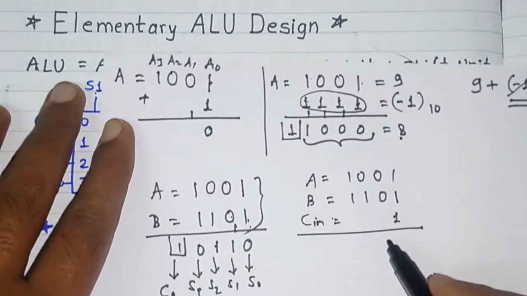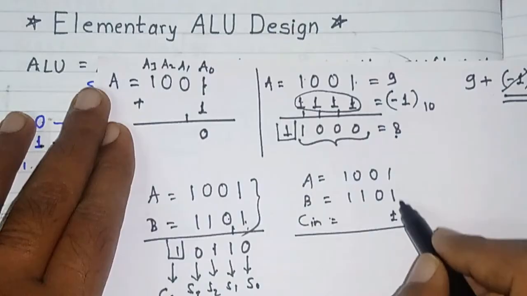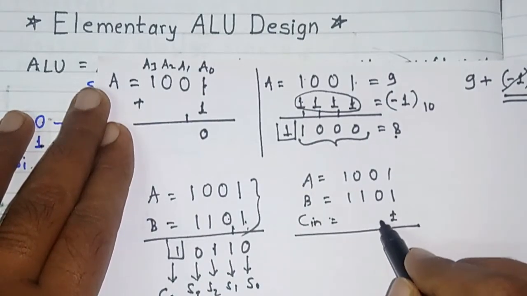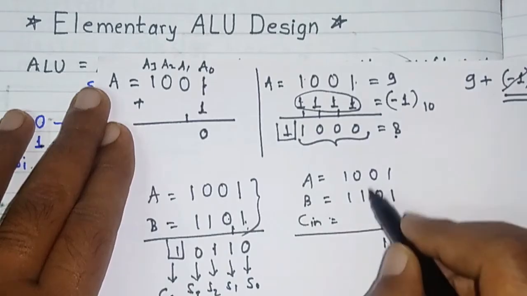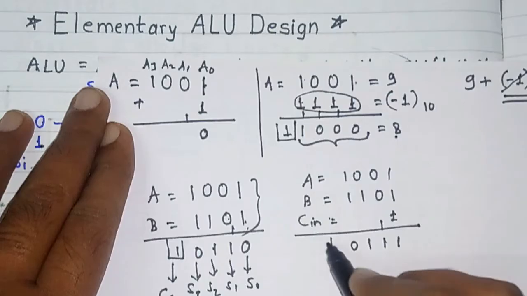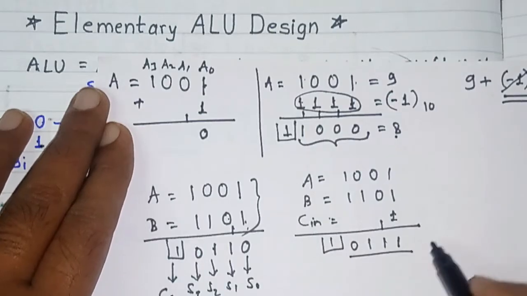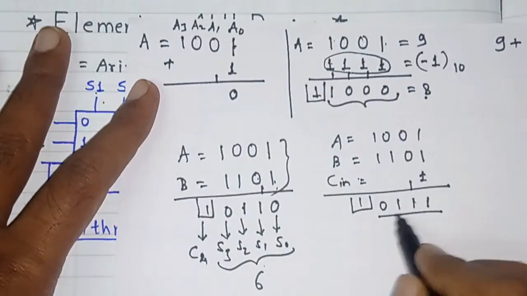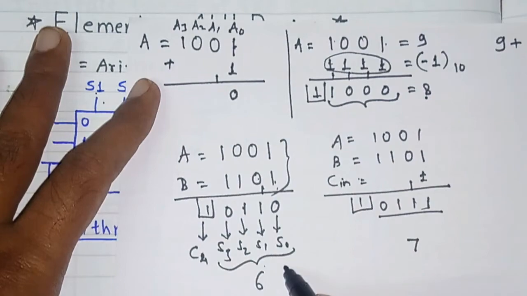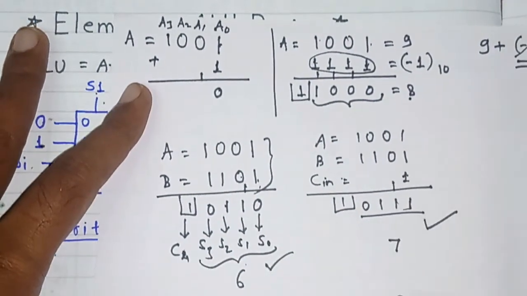Now you can see 1 plus 1 plus 1 is 3, and 3 in binary is 1 carry 1. Then 1 plus 1 is 0 carry 1. So here the result will be different. This value was 6 and this value is now 7. This is the difference between simple add and add with carry.